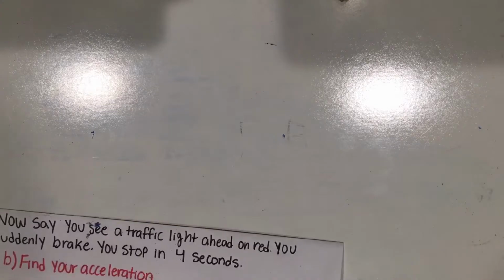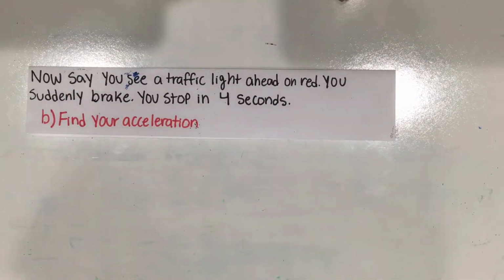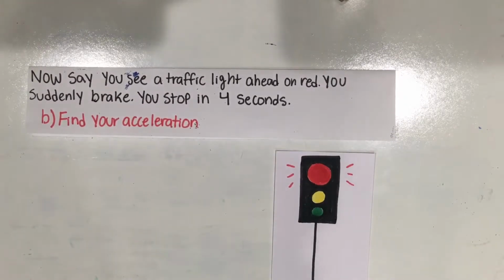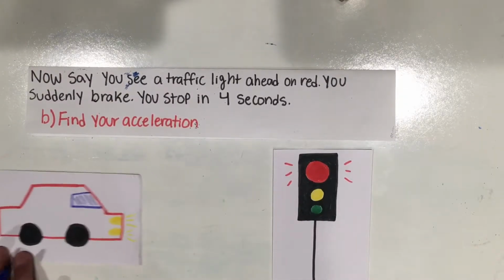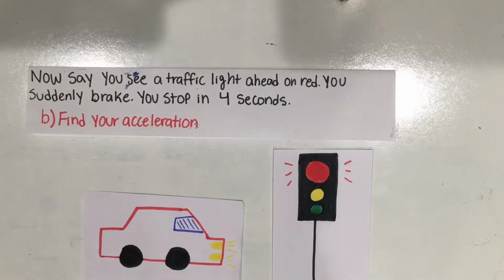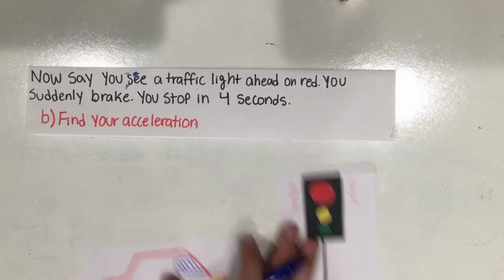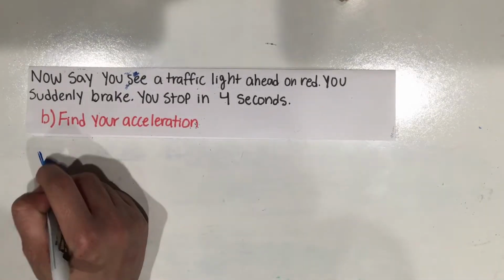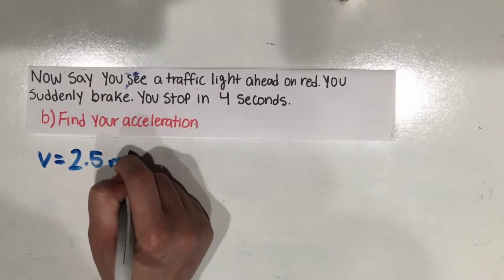Next, let's practice finding acceleration. We have this problem: say you see a traffic light ahead on red, and you suddenly brake. Here's a little diagram to show the example. You're going fast, and then you suddenly stop. You brake, and you brake in 4 seconds. Find your acceleration. In order to solve this, we need our velocity from the last problem, which was 2.5 meters per second.